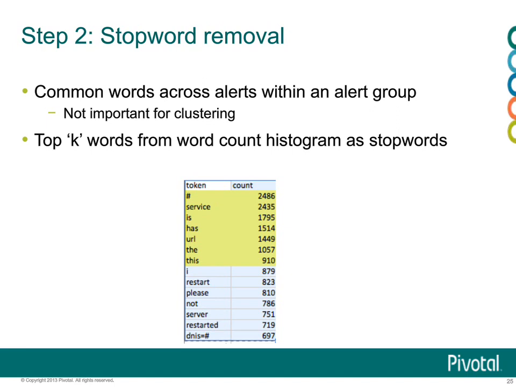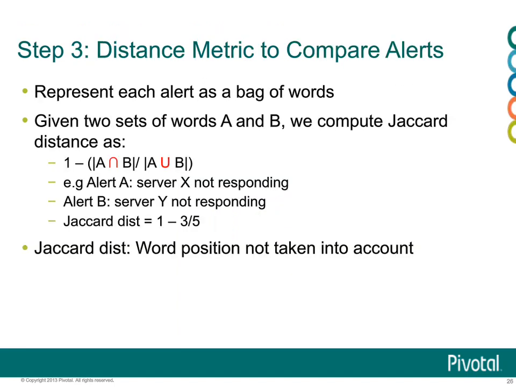The next step is to compute pairwise distance between the alerts. You can first represent each alert as a bag of words. By this, we are ignoring the structure within each alert.